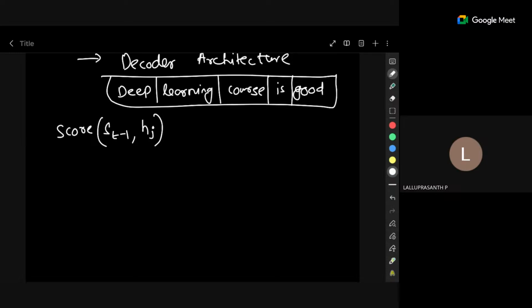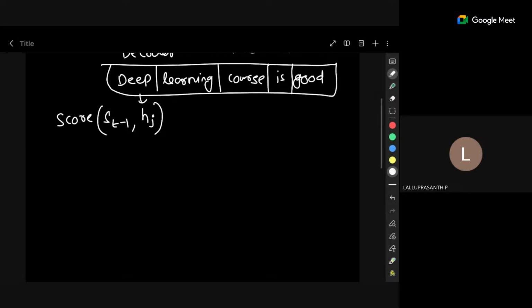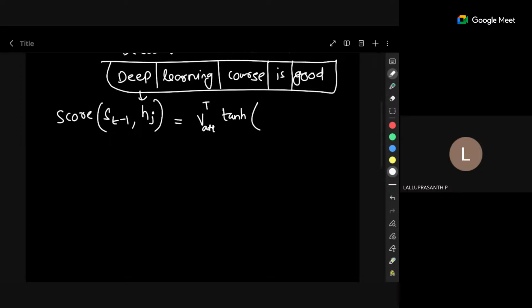Then h_j is any of these words you can take. So with respect to "deep," you wanted to find the score with s_{t-1}, and that score we are computing. You get this score by multiplying with v_attention and tanh, because we wanted to include some non-linearity.